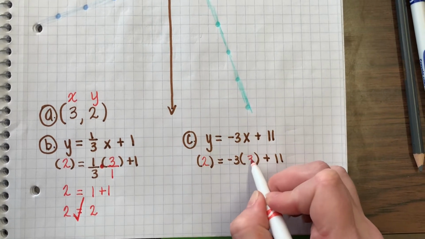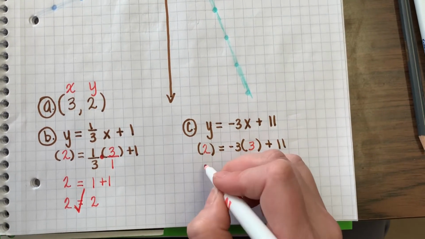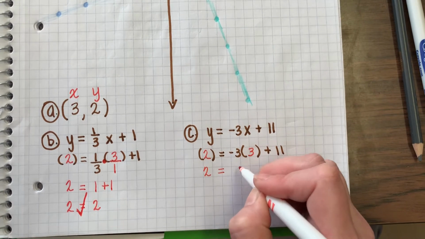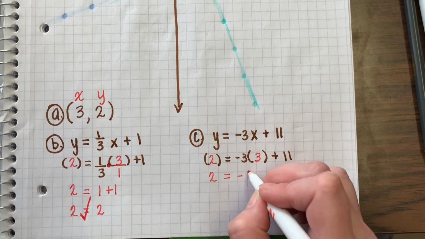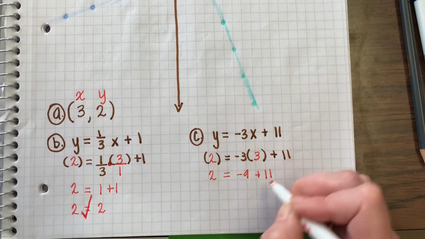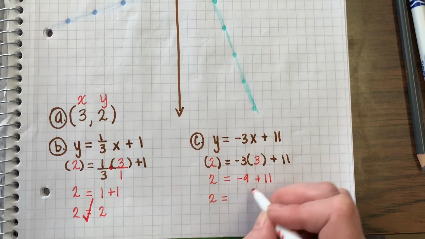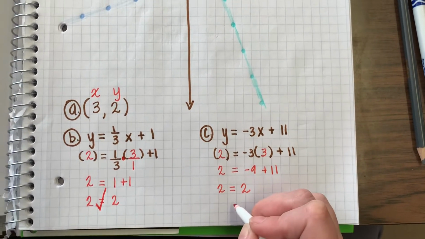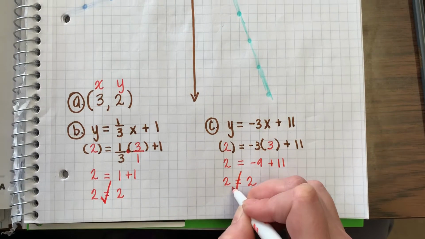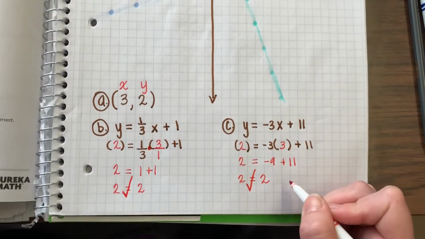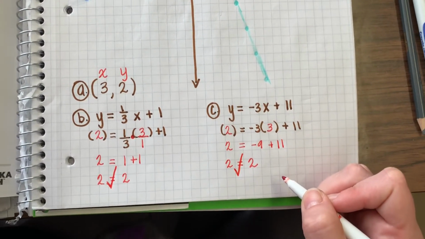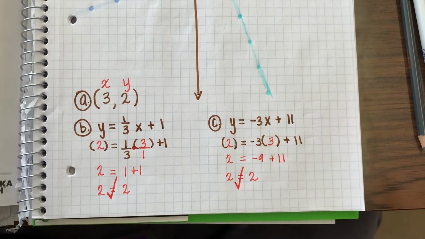In the place of the x, we put a 3. So we'll get 2 equals negative 3 times 3, which is negative 9, plus 11. So negative 9 plus 11 is 2. So 2 does equal 2. So that means this ordered pair works for this equation as well. So that is number 1.